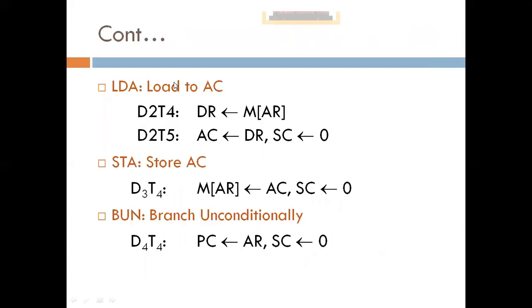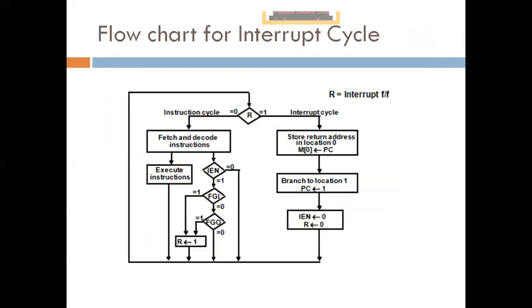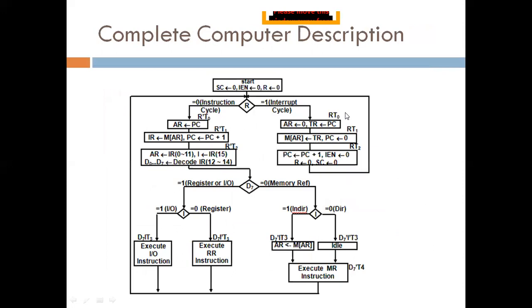And which one is the interrupt cycle? Then this is the interrupt cycle. So in the computer description, here is the logic of the interrupt cycle, and here is the logic of the instruction cycle.